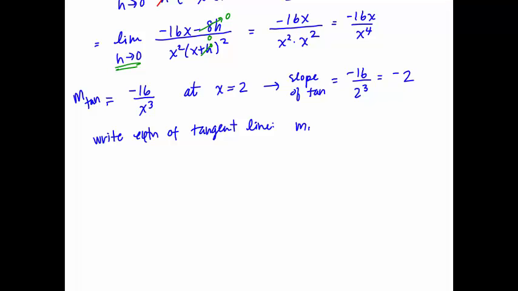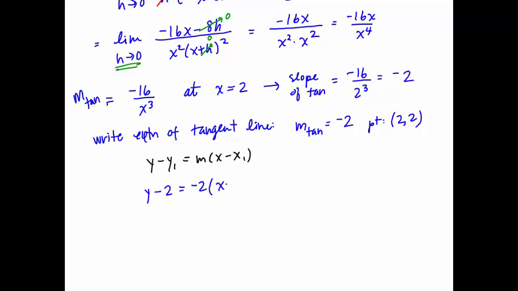Where the slope of that tangent is negative 2, and the point on that tangent line is 2, 2. So we talked about the point slope form of a line, y minus y1 equals m times x minus x1. We now have m and x1 and y1, so y minus 2 is negative 2, the slope, times x minus 2, which simplifies to be y equals negative 2x, distribute plus 4, plus another 2 if we move this 2 over.